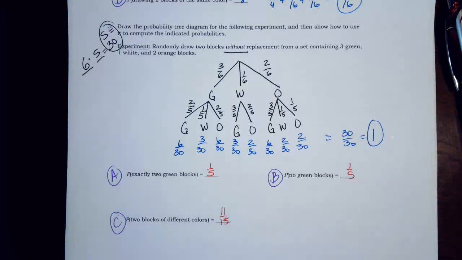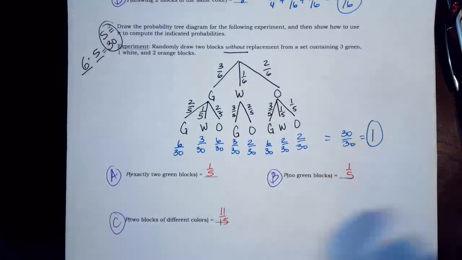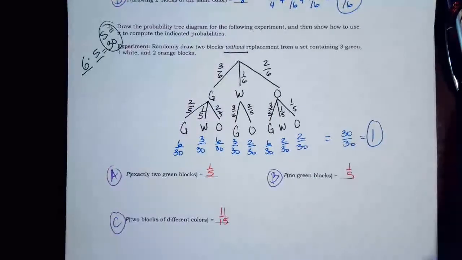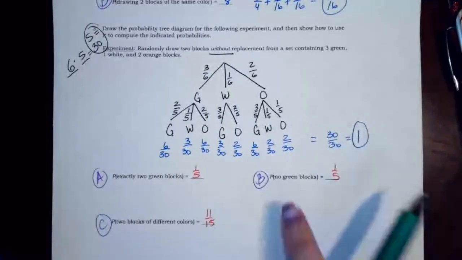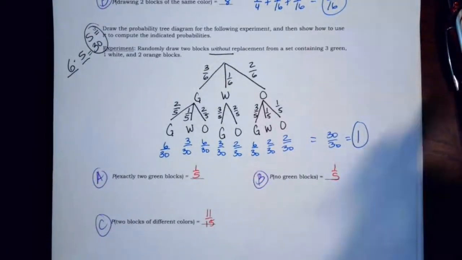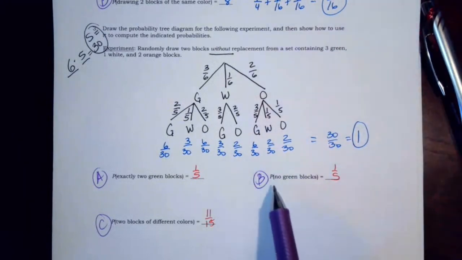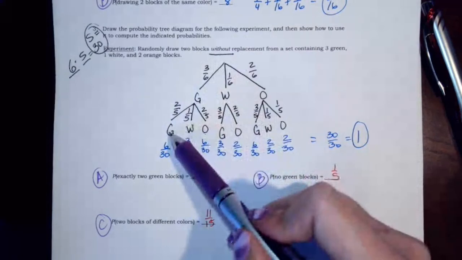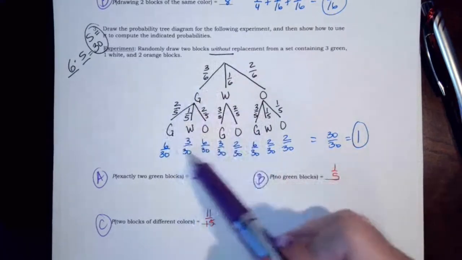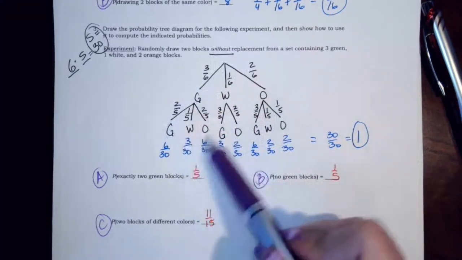Okay, so Shanique wants to look at B. No green blocks. So if I have no green blocks, I'm going to choose a color. Let's use purple. No green blocks means I'm not going to use any of these, because that means I'm picking a green first.